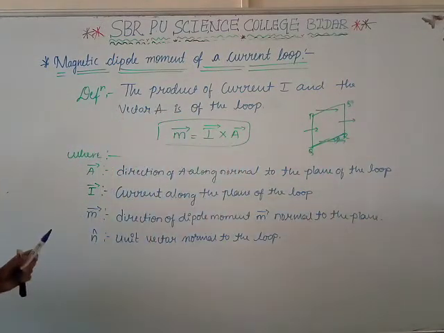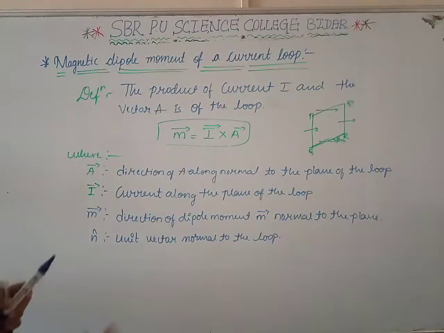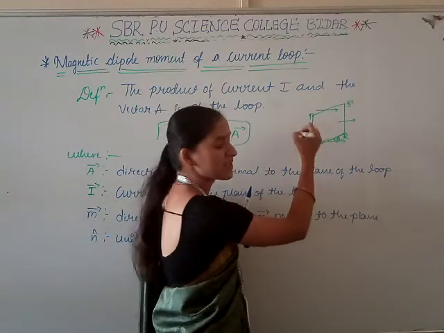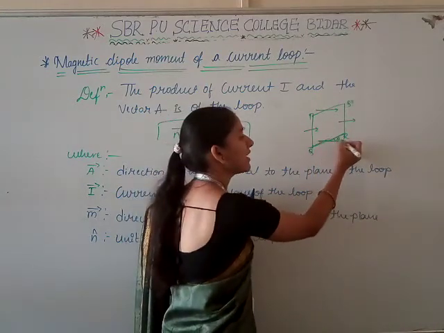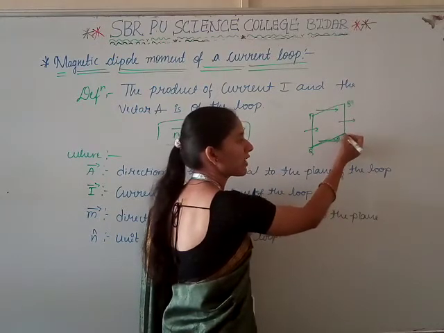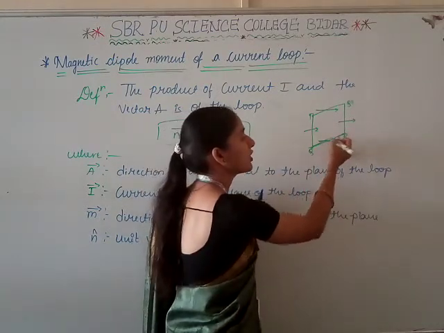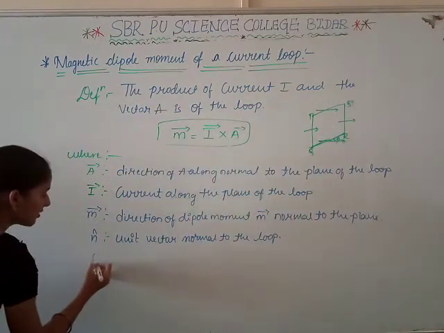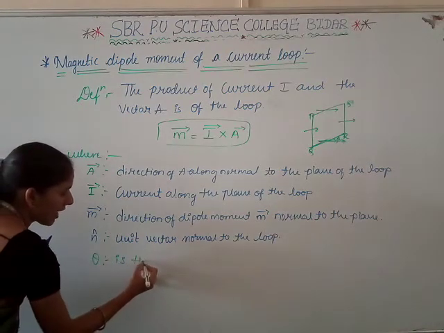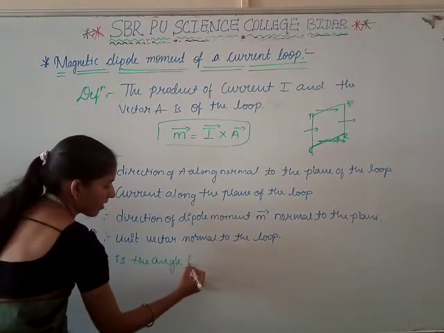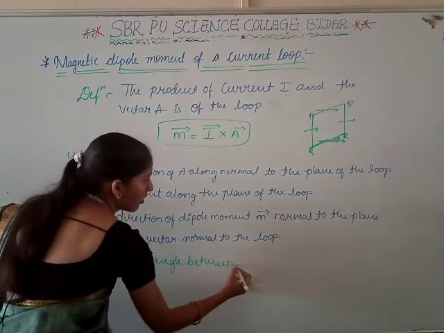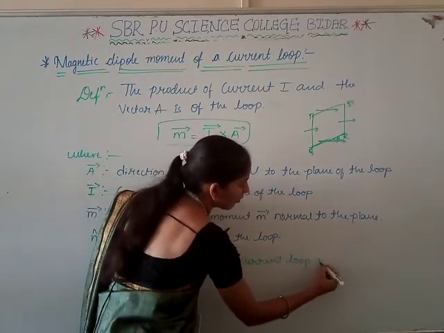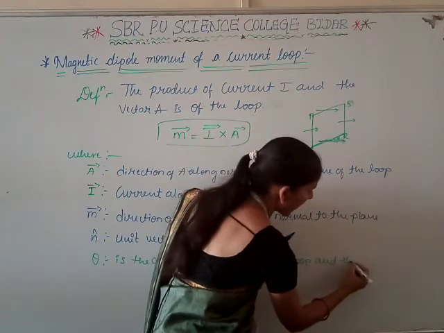Theta is the angle between the current loop and the magnetic field.